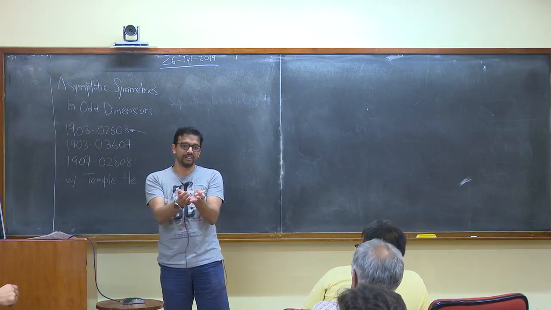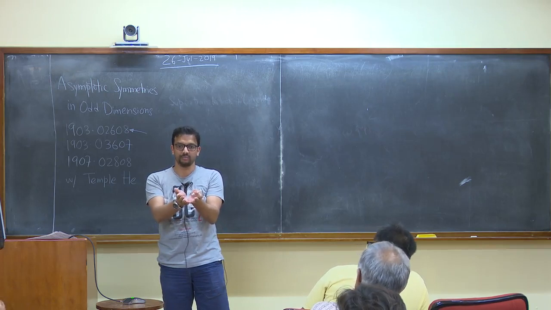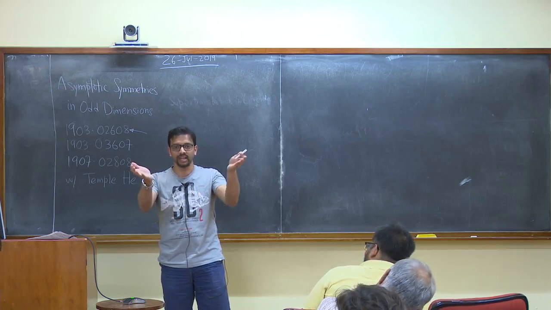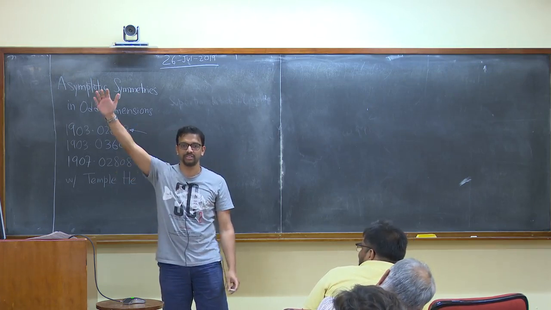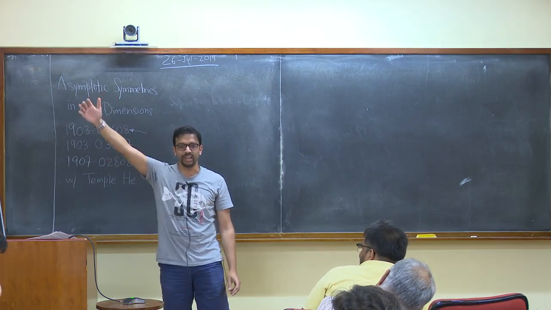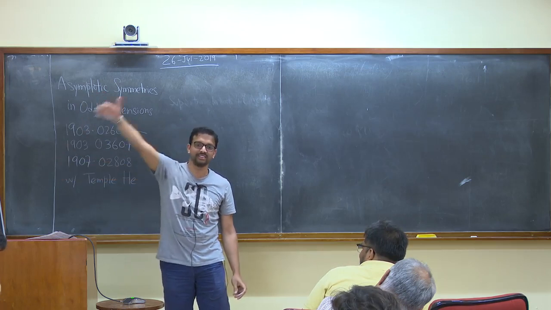But in odd dimensions, the propagator is localized everywhere inside the light cone. So there's no real singularity, and it's very smoothed out. By the time you reach null infinity, there's no kink, and so you don't see any. It doesn't affect the metric.